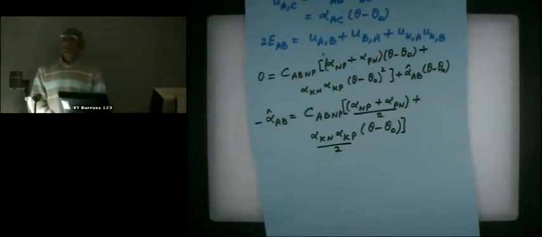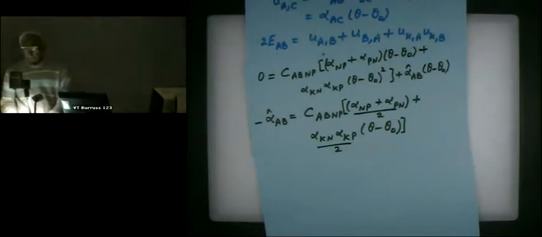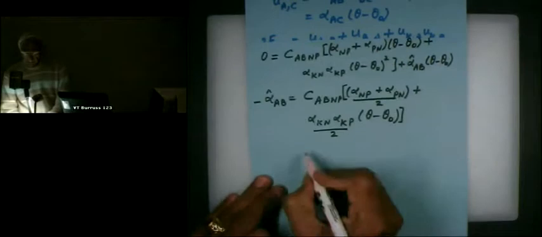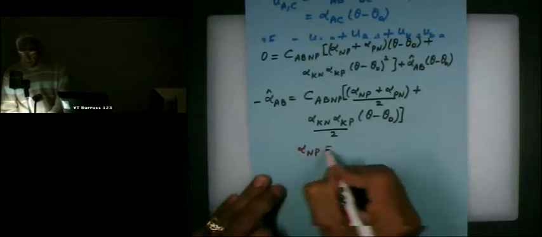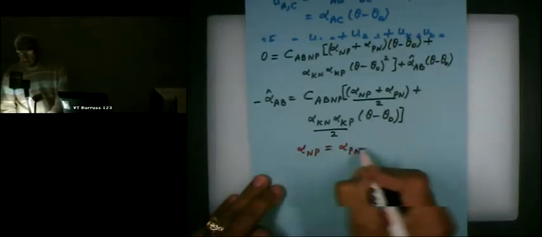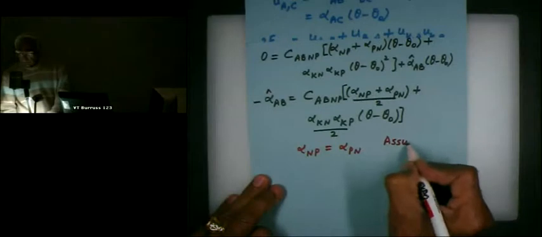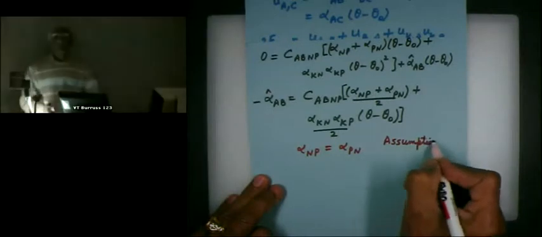So if alpha is symmetric, that's an assumption now. If we assume that alpha is symmetric, so alpha_NP equals alpha_PN, that means we have now 6 coefficients of thermal expansion rather than 9.